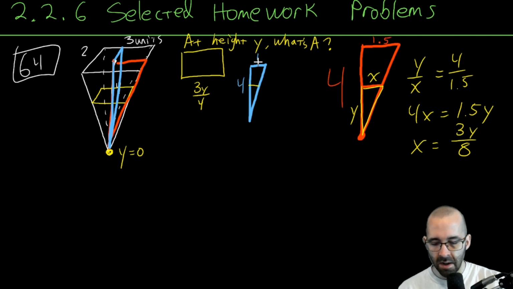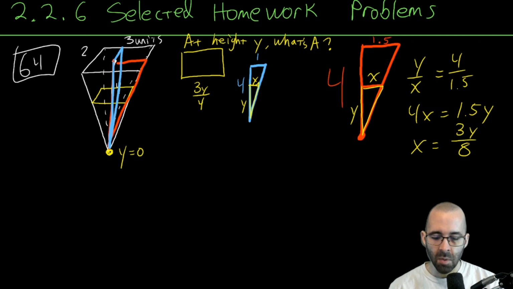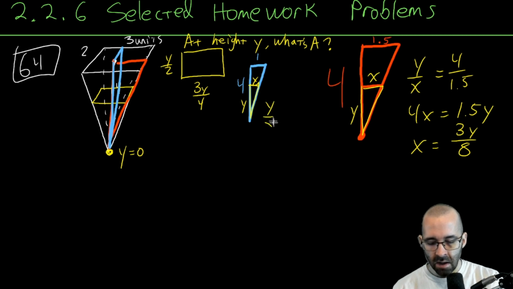Height is still 4. Now the base at the bottom is going to be 1. Set up similar triangles for, again, y and x, like so. Or you could just say it's going to be 2/3. 2/3 of that should be 1/2 y, or y over 2. And if you set up similar triangles, again, you'd get y over x is 4 over 1.